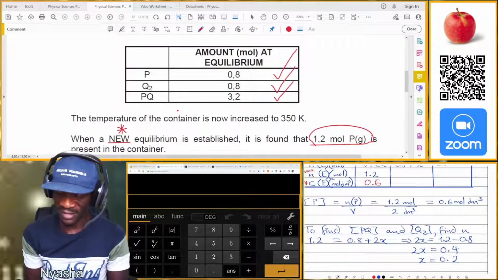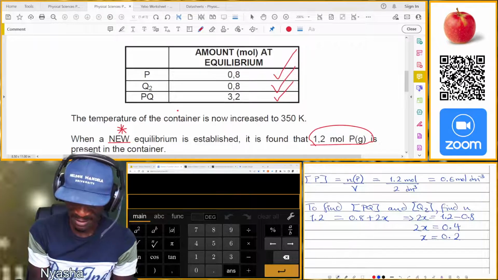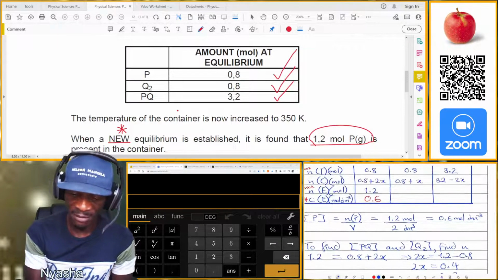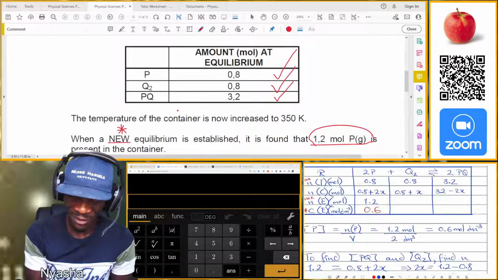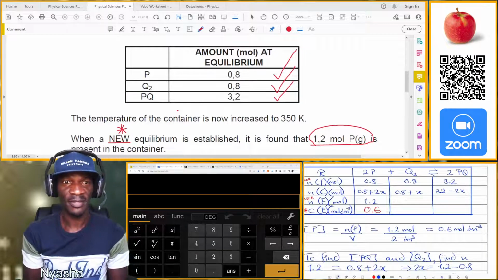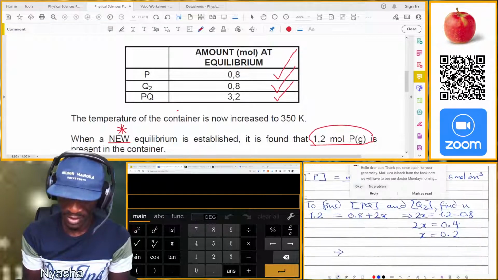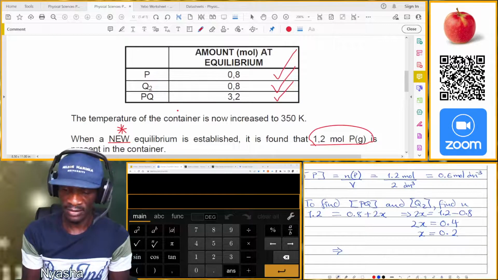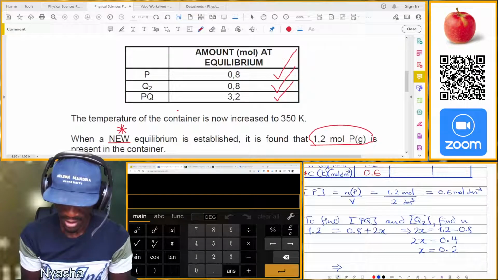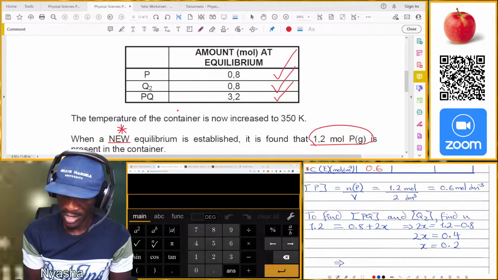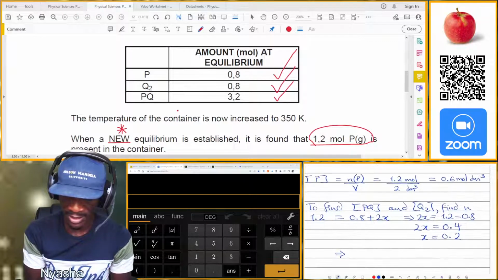Now that we know the value of x, this must imply that we can find the number of moles of what? The number of moles of Q2. Right, so let's calculate the number of moles of Q2.